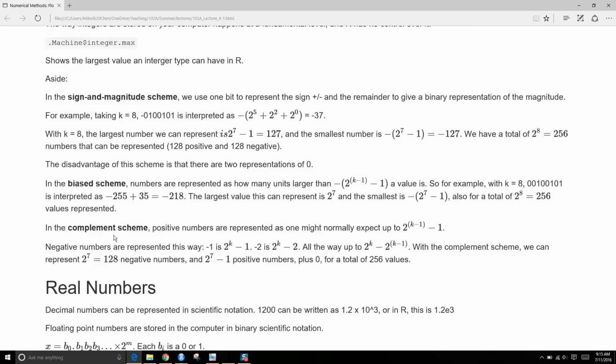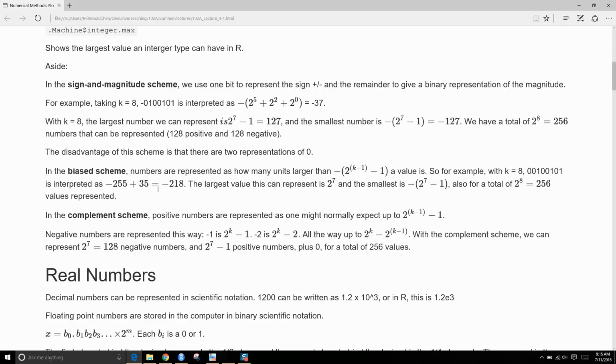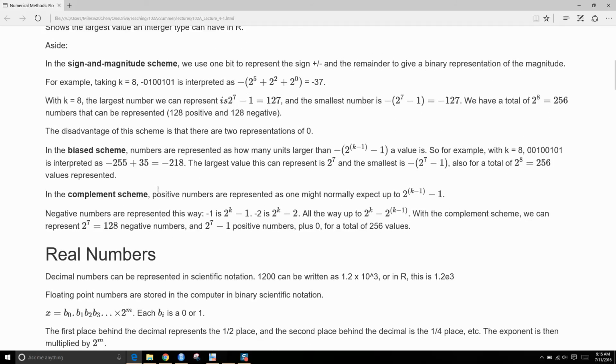You don't have to worry about all of the inner workings here. Just know that the computer does this at a machine level that's kind of out of our control. But having an understanding of how numbers are represented inside the machine will help us understand why we might run into certain problems in the future.